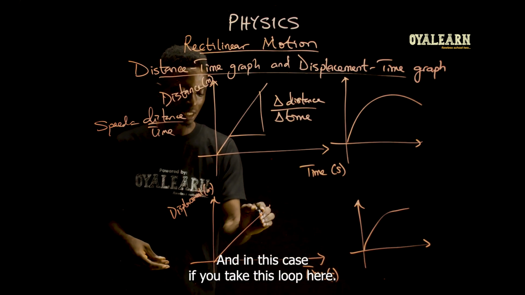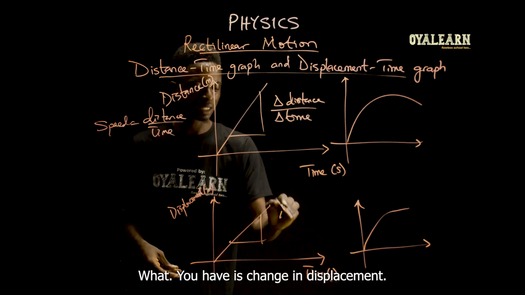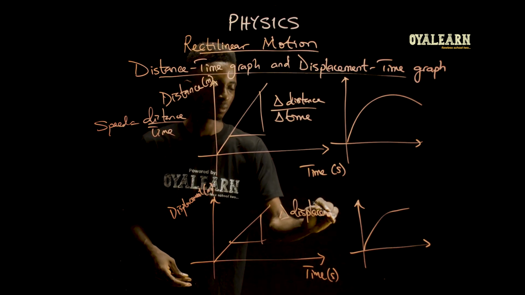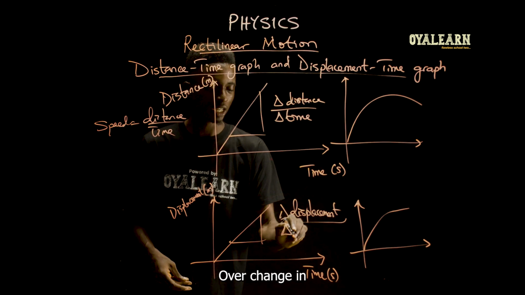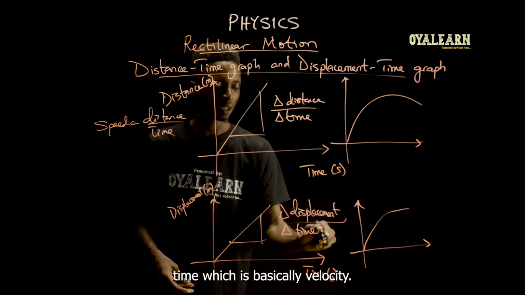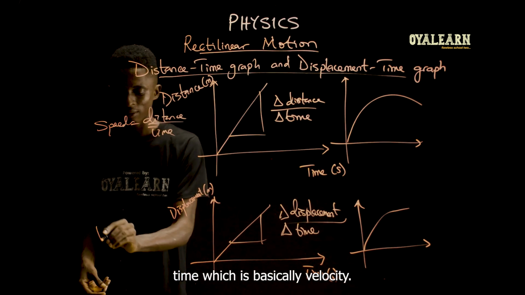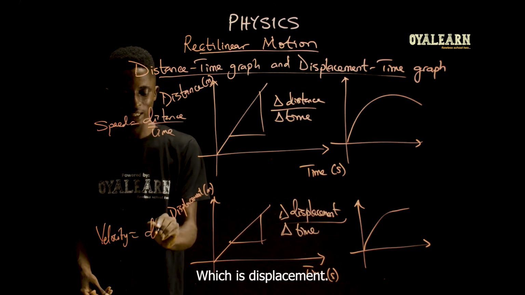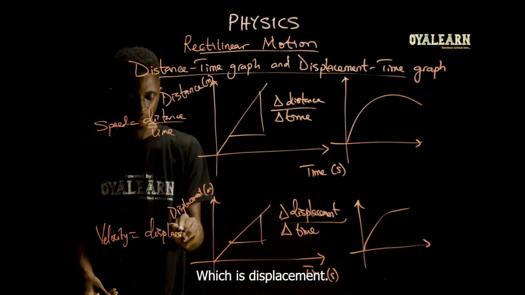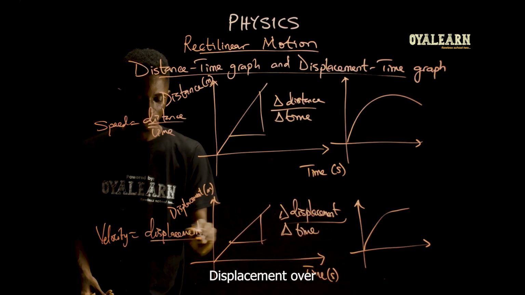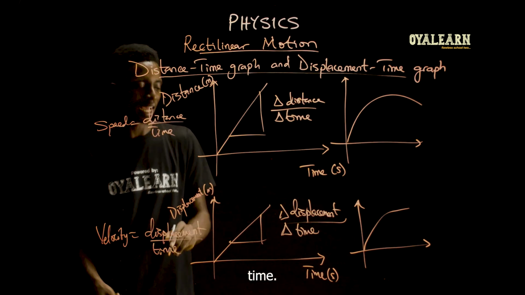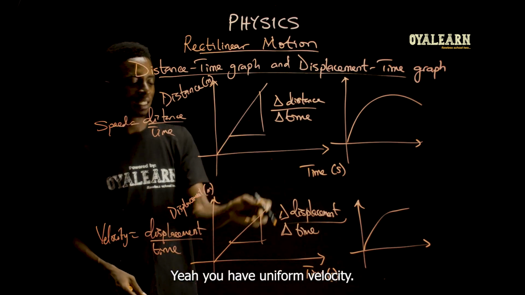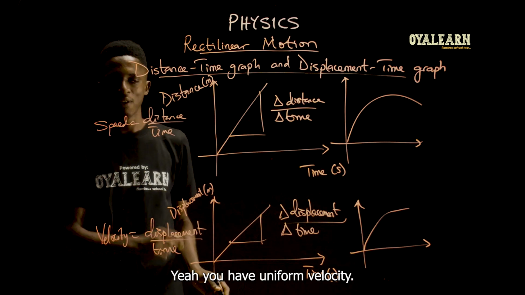And in this case, if you take a slope here, what you have is change in displacement over change in time, which is basically velocity, which is displacement over time. So you see there, in this case where you have uniform speed, here you have uniform velocity.